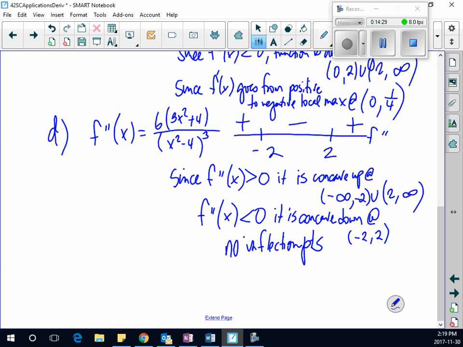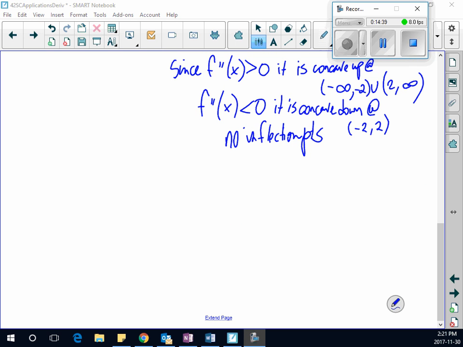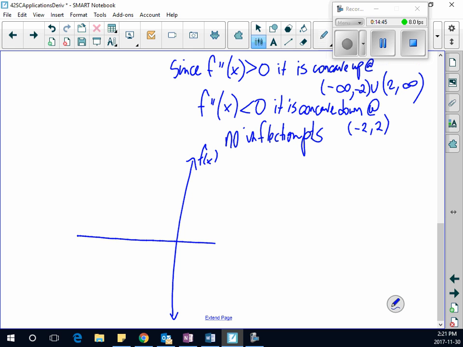Okay, I think the last thing is to sketch it, right? Sketch the curve. I'm going to give you a second to put it all together and sketch it. Okay, so draw your f of x. So I had a horizontal asymptote at 1.